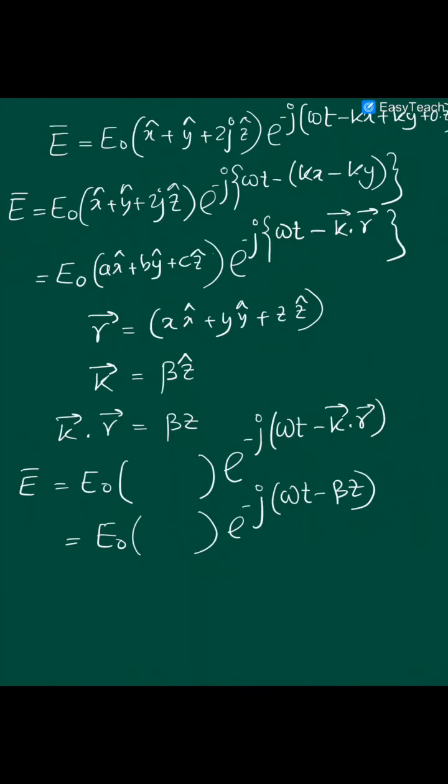And a, b, c could be constants, or maybe e to the power j pi by 2 to include some phase. Means a, b and c could be any constant or any complex number. Now let us consider our case.